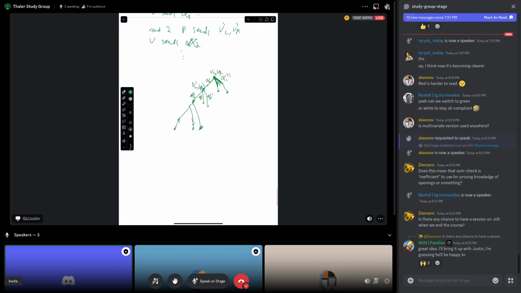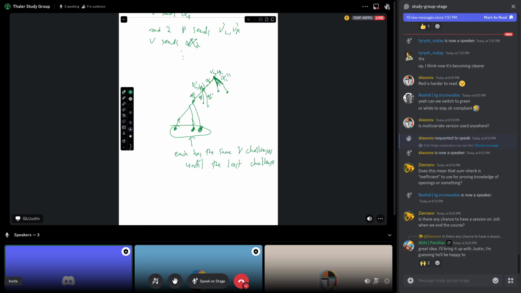If you look at the 3 sibling leaves at the bottom, these are 3 accepting transcripts where each has the same verifier challenges and prover messages until the last challenge, so they differ in only the last challenge.